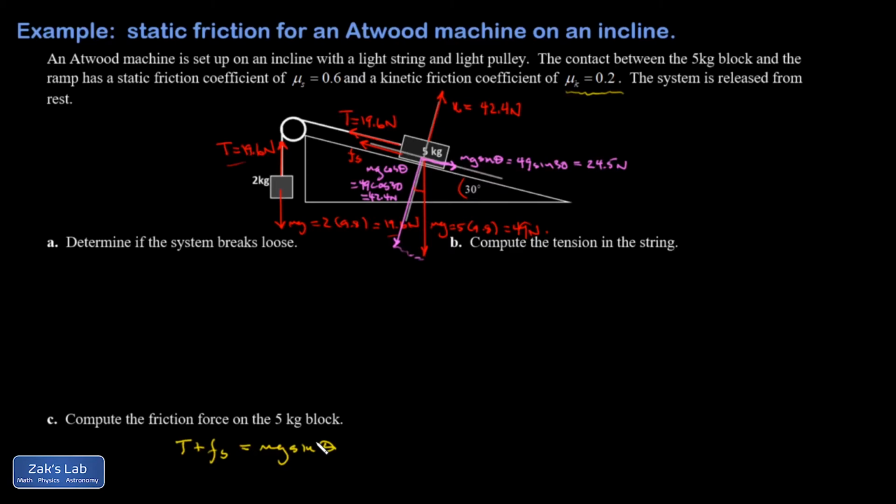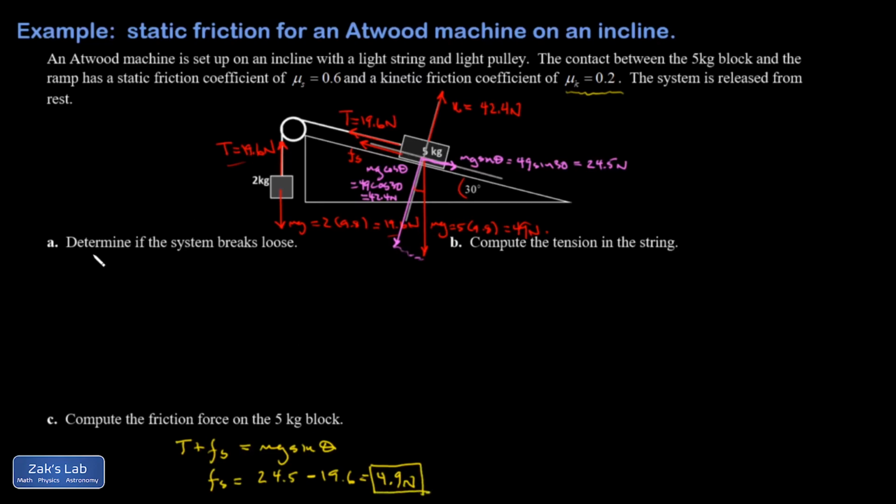Now we could be wrong and it could turn out that it breaks loose, but we'll hope that this pays off. And so Fs is going to be mg sine theta, that's 24.5, minus T, which was 19.6. And I get 4.9 newtons for that. It doesn't seem like a heck of a lot of friction, so I think we're going to be able to keep this. 4.9 newtons.